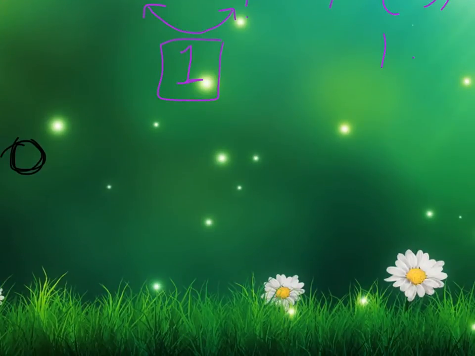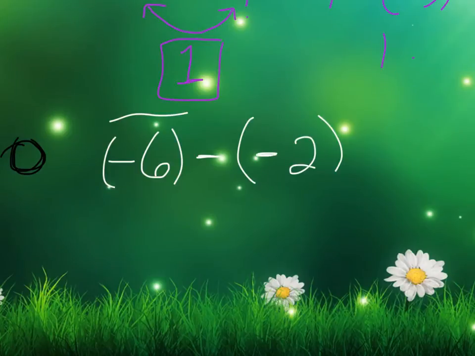How about negative 6 minus negative 2? Okay, so right off the bat, we're going to switch this to adding, and then we're going to add the opposite of negative 2, which is positive 2.